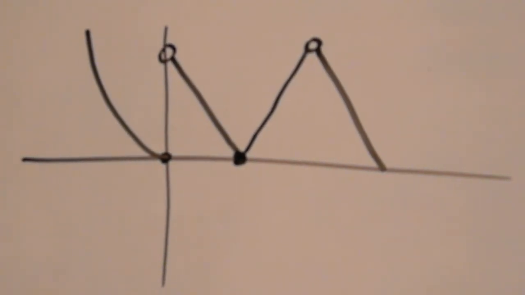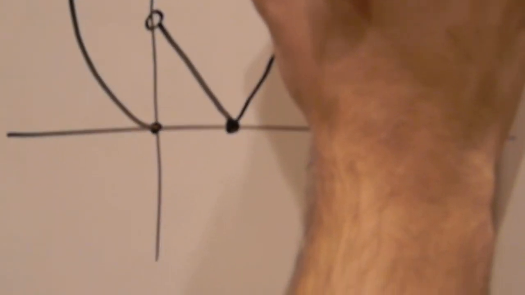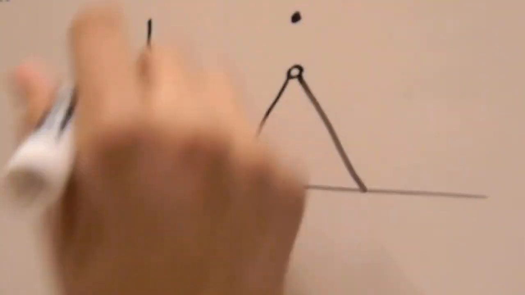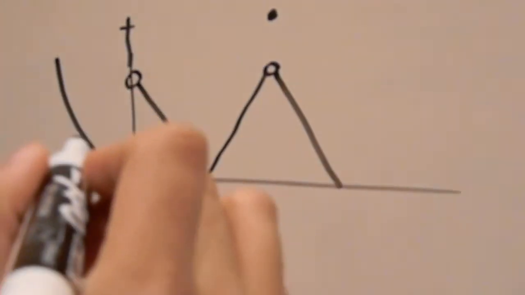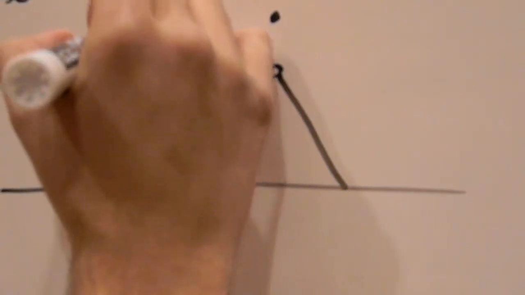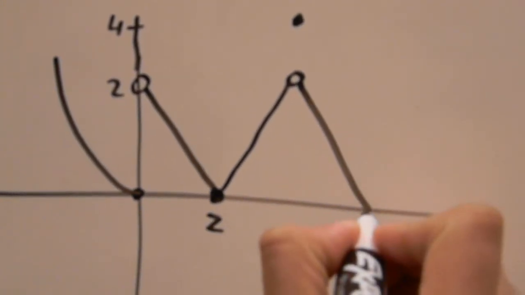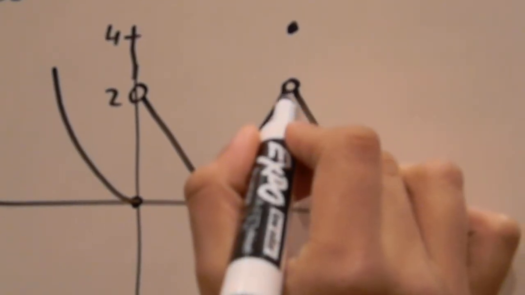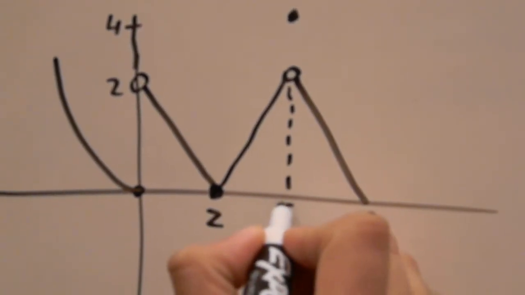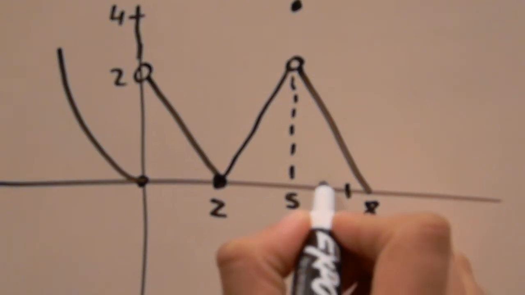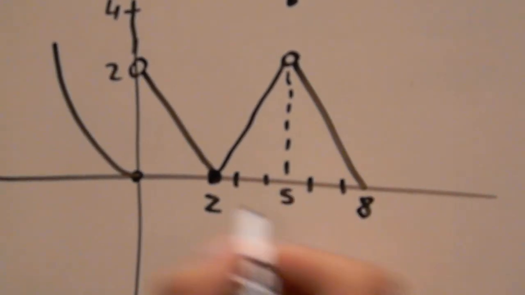Alright, so let's say it looks like that, and the values can be 4, 2.